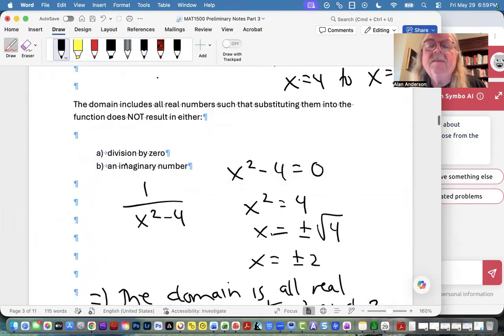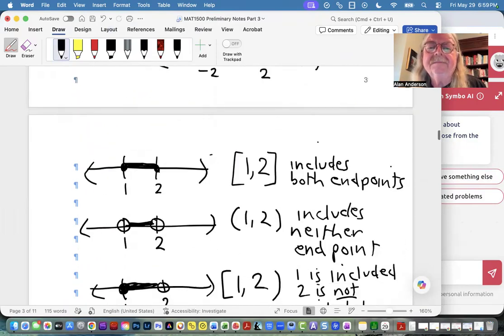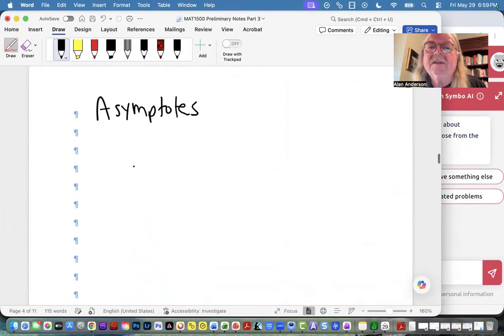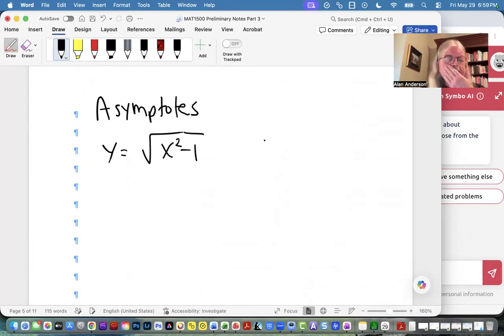Now, for imaginary numbers, let me quickly throw an example out there. Actually, let's make it even simpler. Let's try the square root of just x.